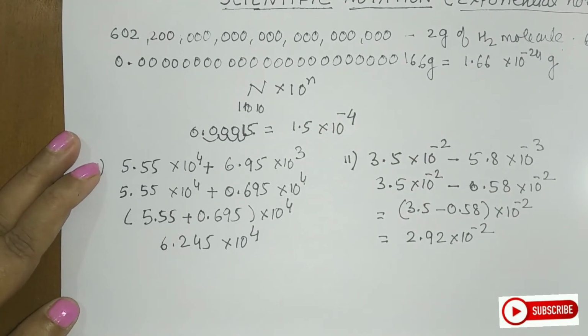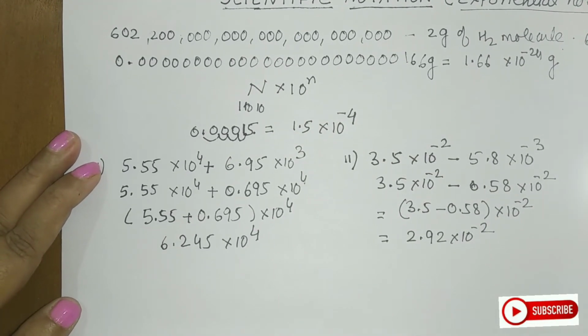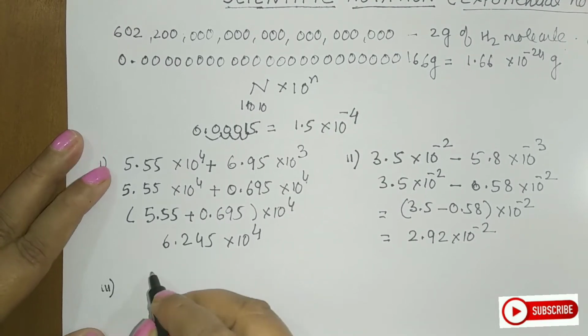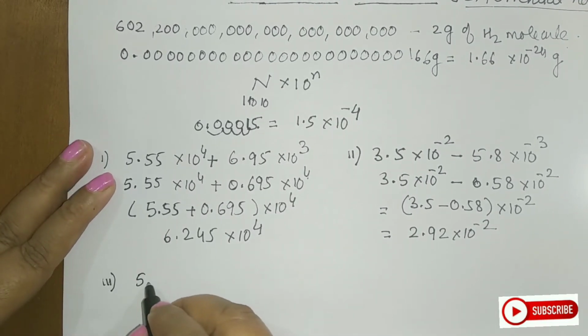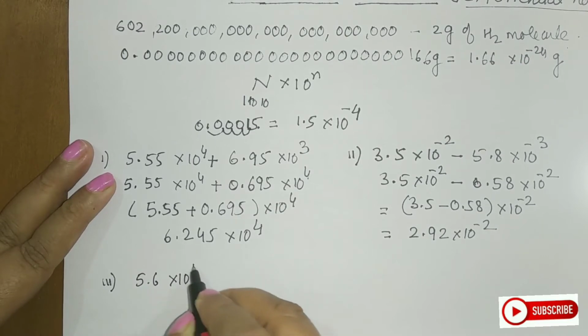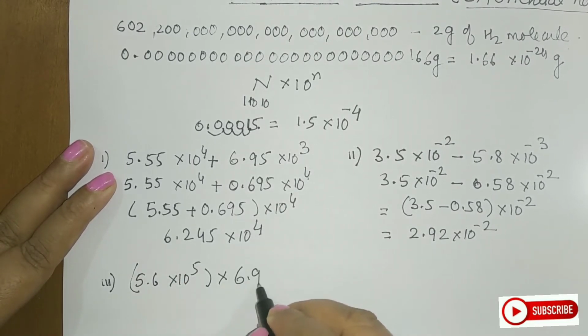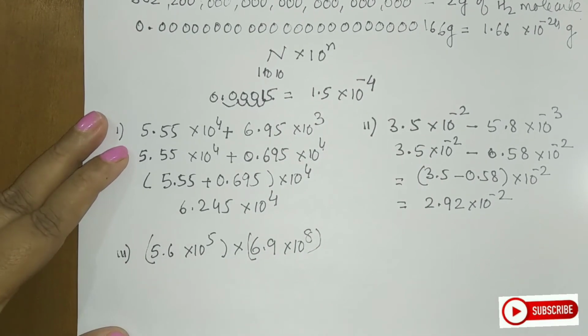Now let us see the next calculation: 5.6 into 10 raised to 5 multiplied by 6.9 into 10 raised to 8.